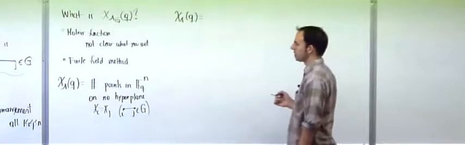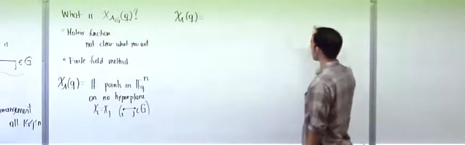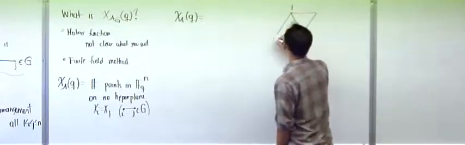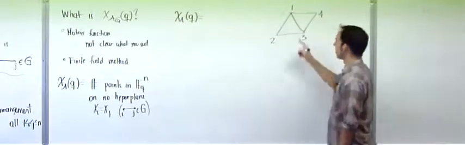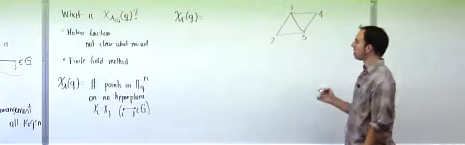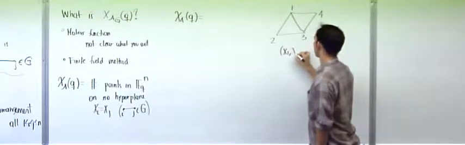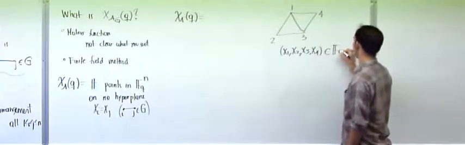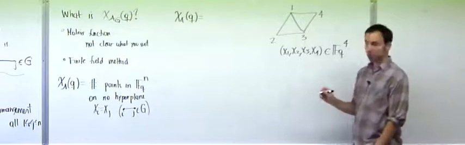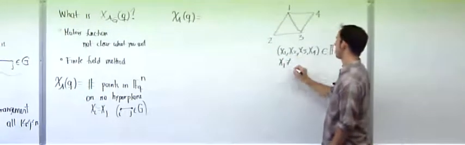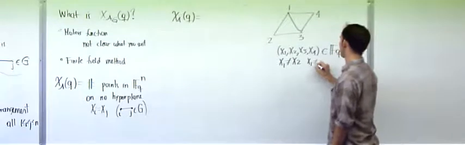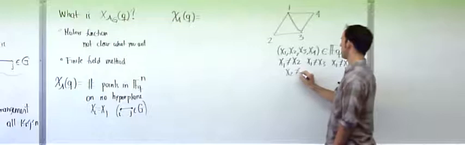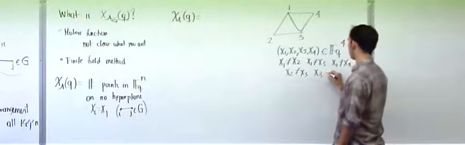Okay, so well, think about it for a second. So this is the graph that we were looking at there, and now we're looking for points x1, x2, x3, x4, which live in F_q^4, such that x1 is different from x2, x1 is different from x3, x1 is different from x4, x2 is different from x3, and x3 is different from x4.